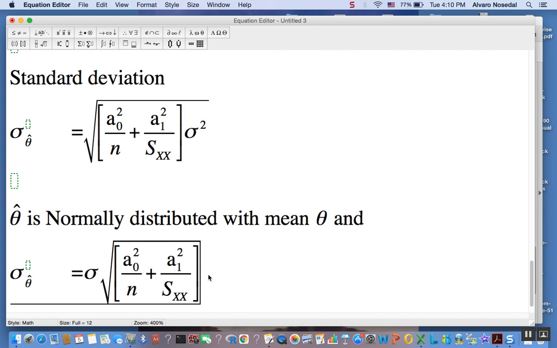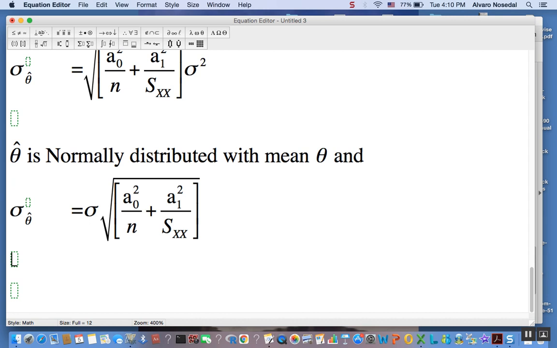Okay. Now, we have made good progress because what we're going to be doing next is finding the distribution of our test statistic, and that test statistic will also help us find a formula for a confidence interval for a linear function of our parameters beta 0 and beta 1.